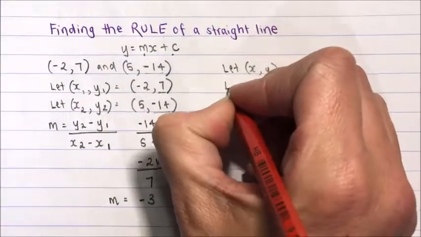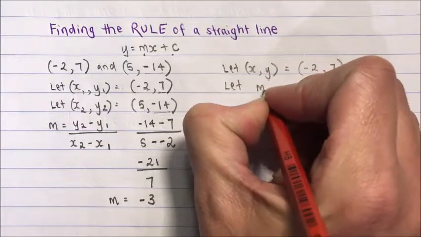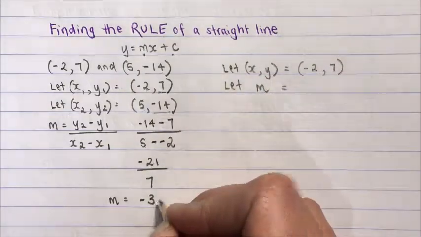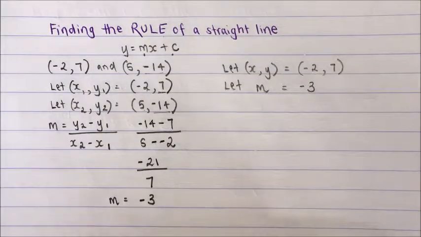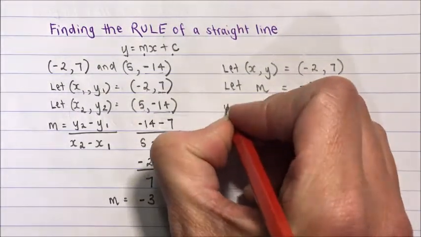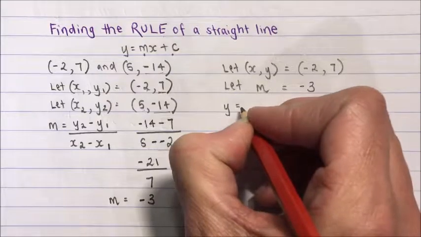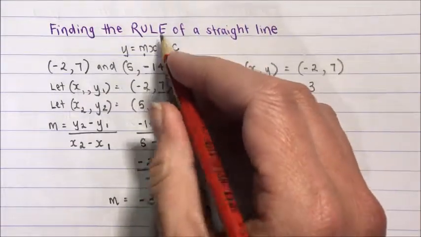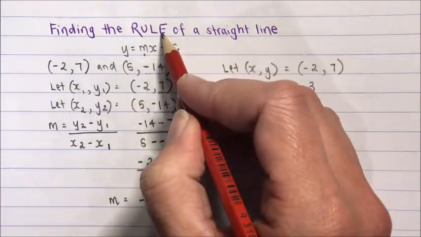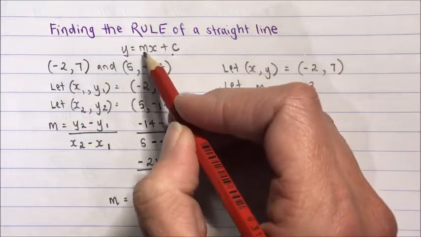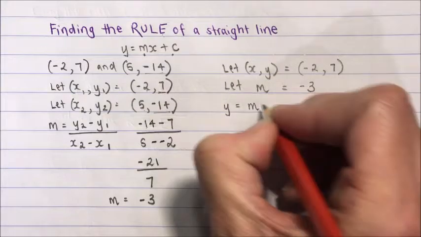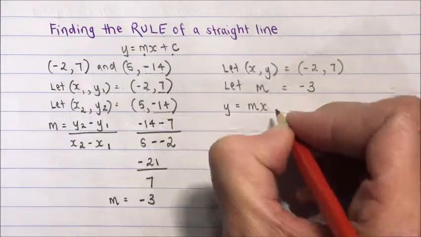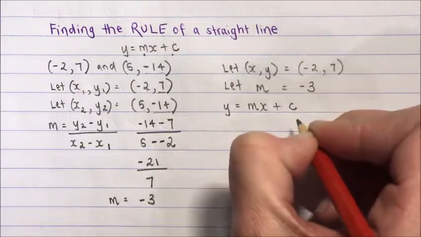And we're going to say let m equal -3. We'll remind ourselves by writing out the generic form of the rule of a straight line in gradient y-intercept form, that y equals mx plus c.